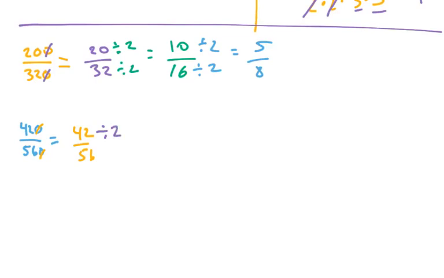I'm just going to divide by 2. They're both even, so we'll do 2. So 21 over 56. Well, I know 50 is 25. 6 divided by 2 is 3. 25 and 3 is 28. 21 and 28 are both divisible by 7. And there we have it.